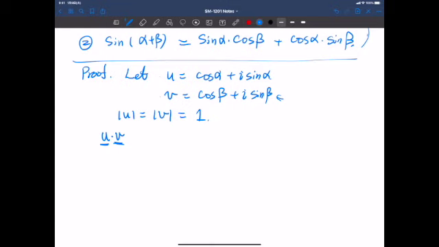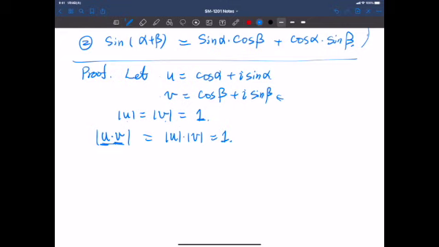Also, since both u and v have unit modulus, this product has modulus 1. So this is modulus u times modulus v, and that's 1.